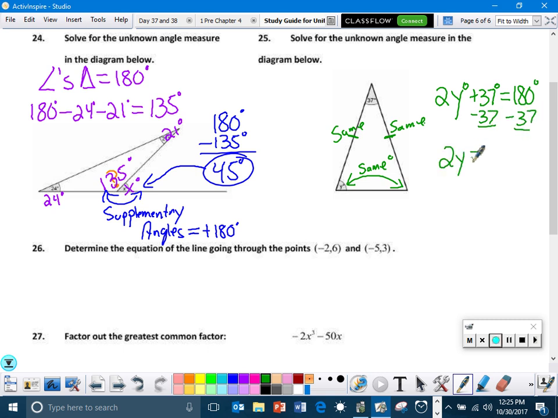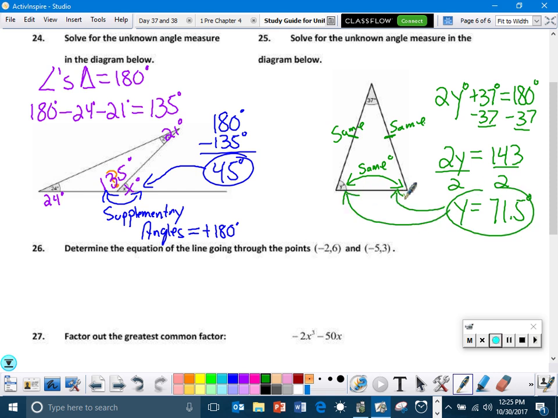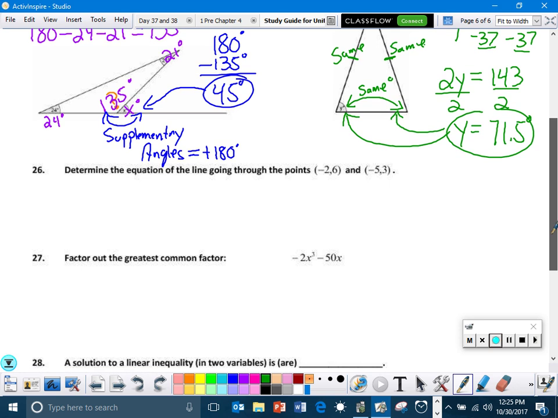So 2y now equals 143 degrees. I'm going to divide by 2, and I find out that the missing angle is 71.5 degrees. So it's that angle, and it's that angle. So again, you needed to remember that the angles in a triangle add up to 180.